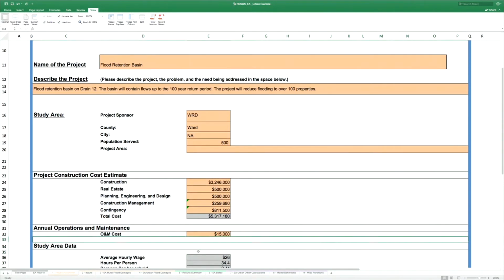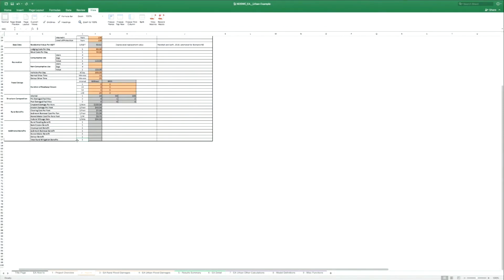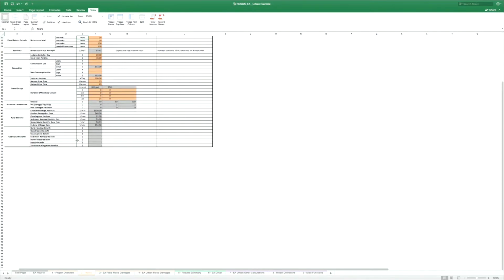These were real construction costs for the retention basin: $3.2 million, real estate of $500,000, planning, engineering, and design of $500,000, construction management of $259,000, contingency of $811,000. Annual O&M is $15,000.